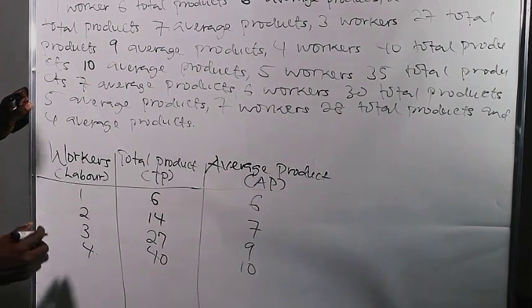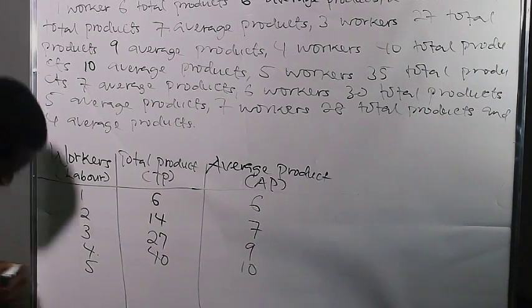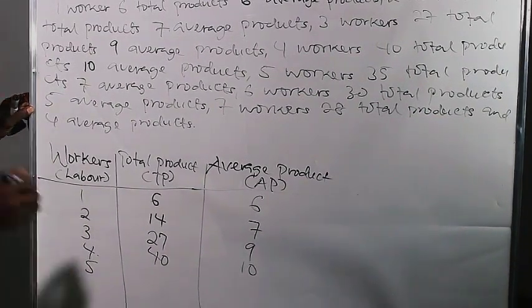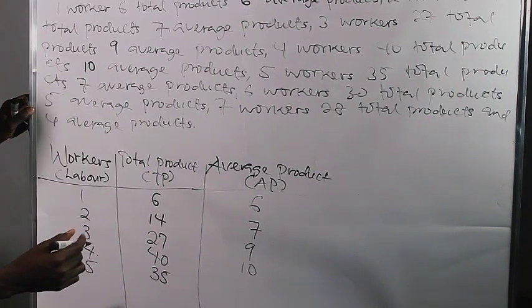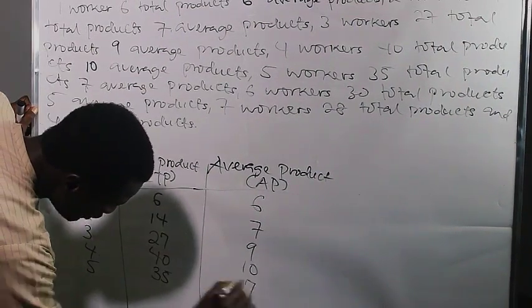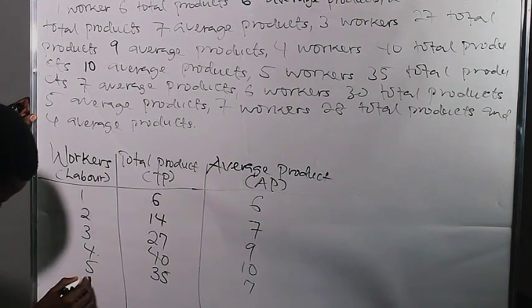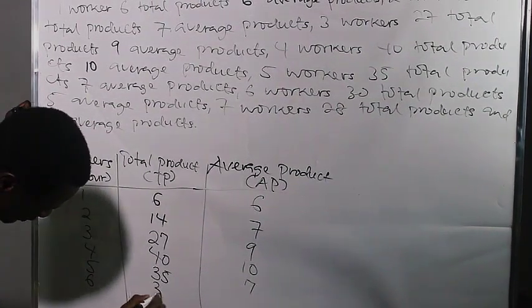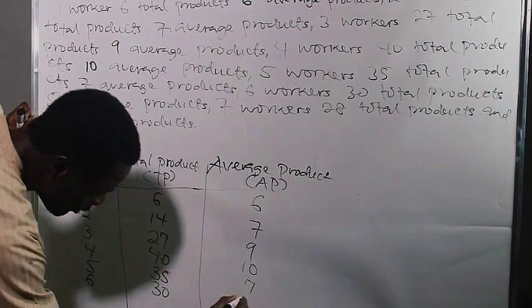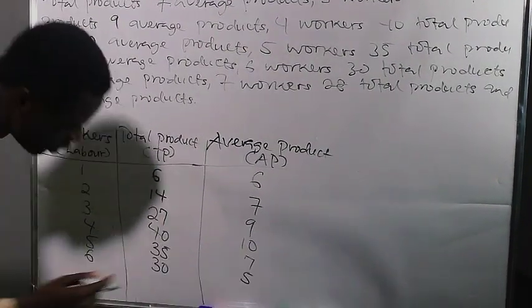Now, another worker was added, so they become 5 now. And the total product was 35. And the average product was 7 units of output. Then another worker was added. Then we have 30 units of output, and we have 5 units of average product.